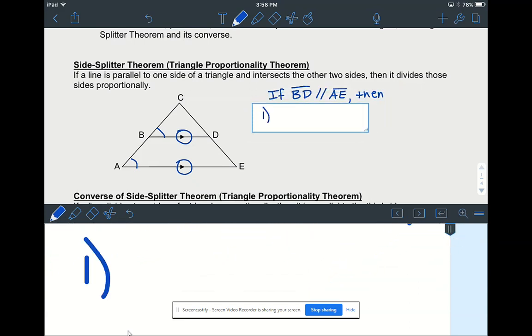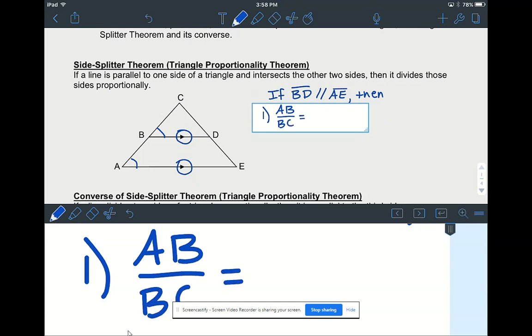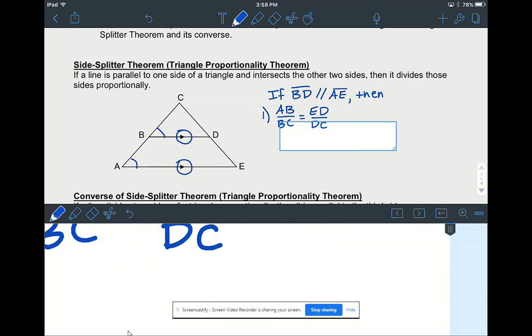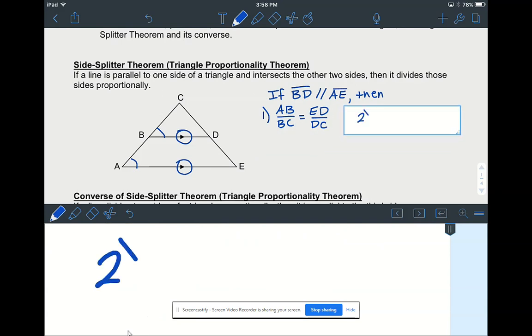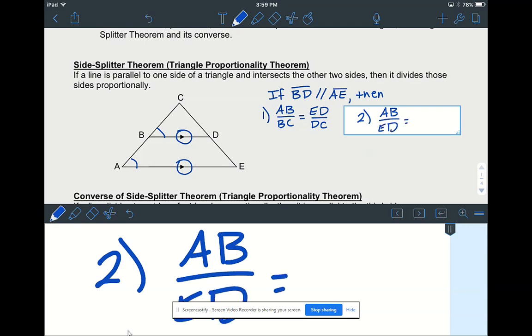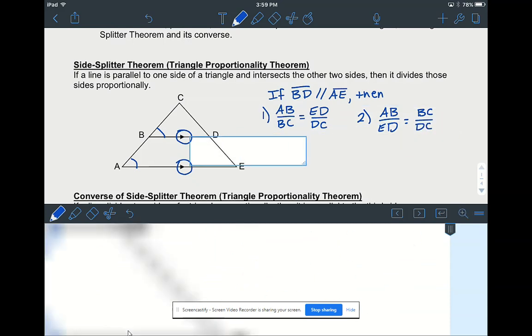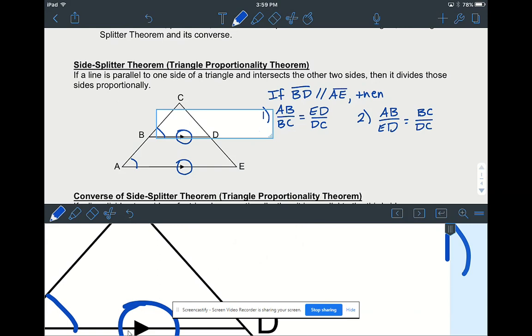So for example, proportion number 1, you could say AB and BC are proportional to ED and DC. You could say that AB over ED is proportional to BC over DC. So you could go across left to right, then left to right.